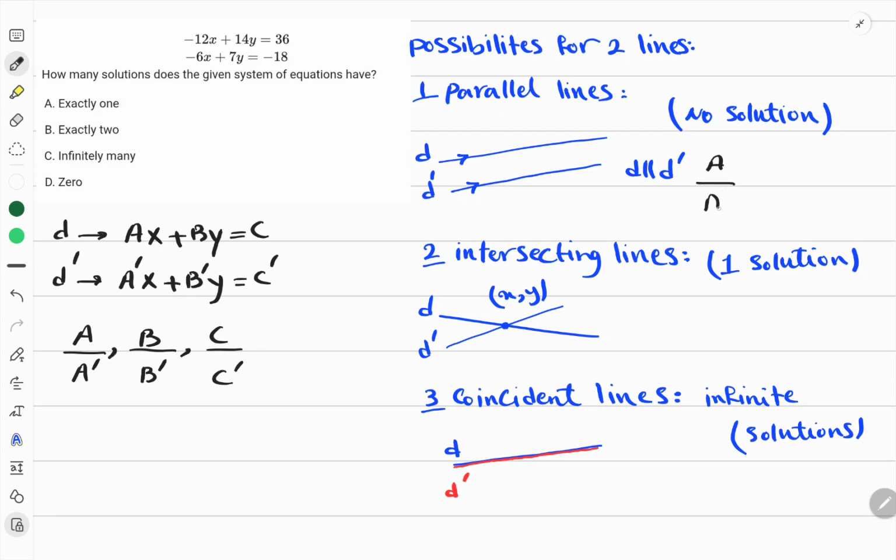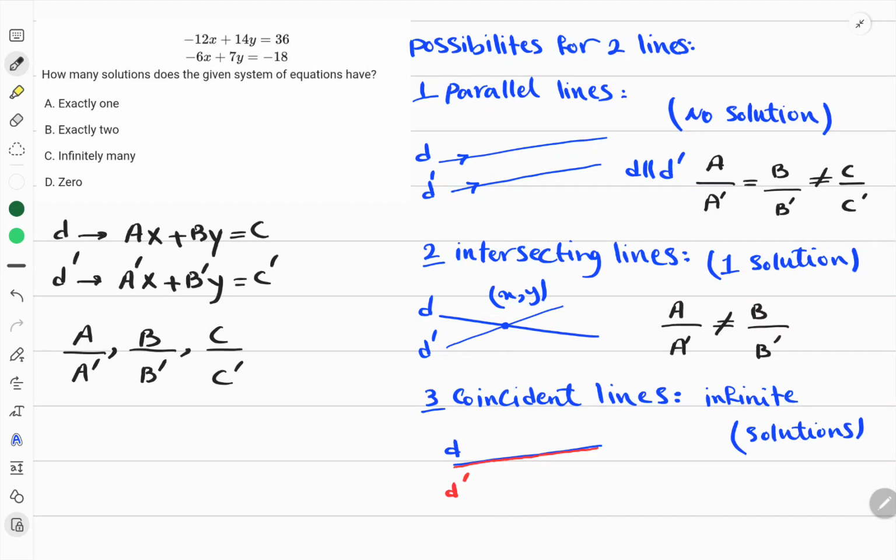If a over a prime equals b over b prime, but is not equal to c over c prime, we have parallel lines and there is no solution, or zero solutions. But if a over a prime is not equal to b over b prime, we have intersecting lines and there is only one solution.